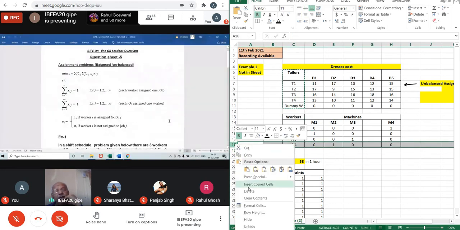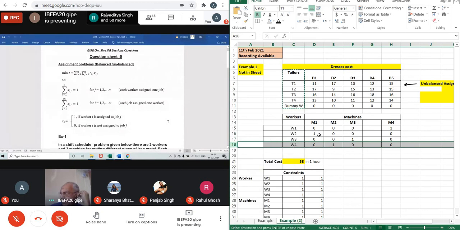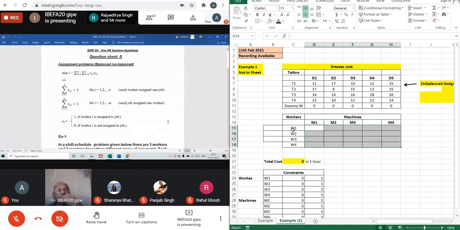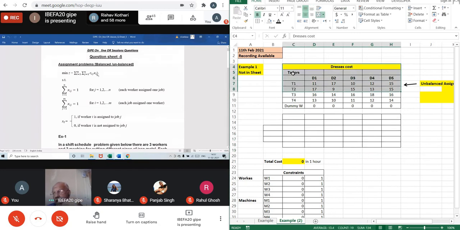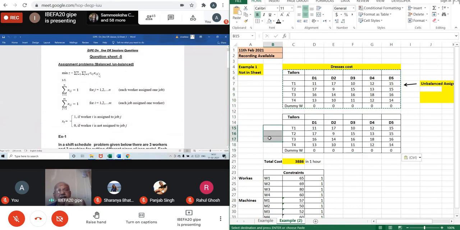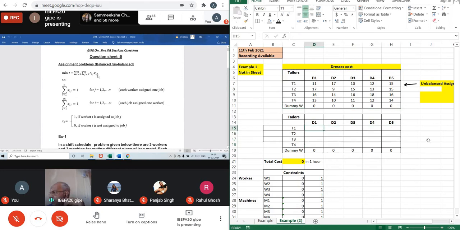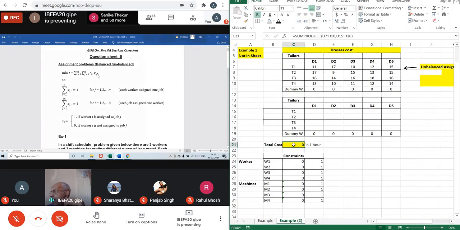It is shown mathematically on your sheet. This is the linear combination of the data matrix and the allocation matrix. C stands for cost, X stands for the allocation for the ith row and jth column.